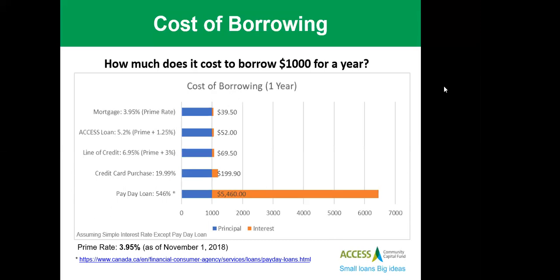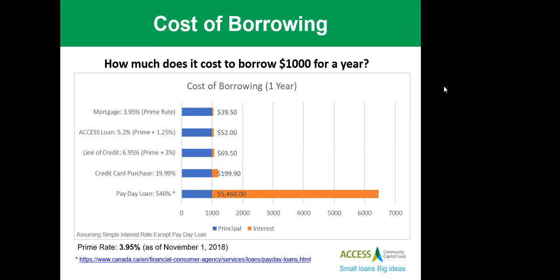And the last option is a payday loan. If you use a payday loan, then you're paying really a lot of interest. From this example, from the government of Canada, the effective rate of payday loans is 546%.